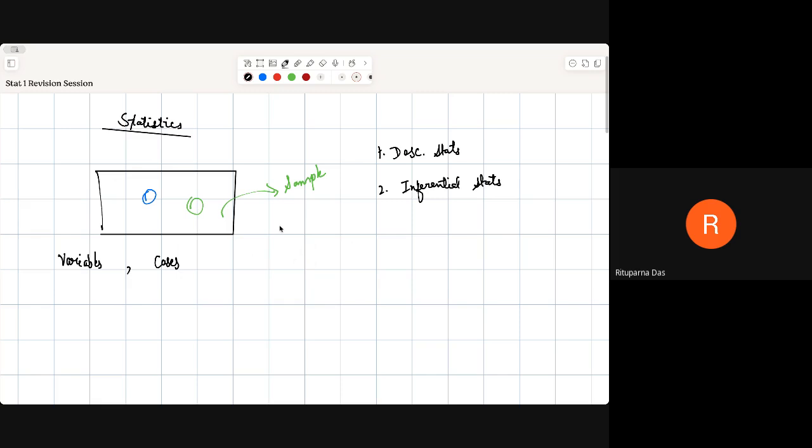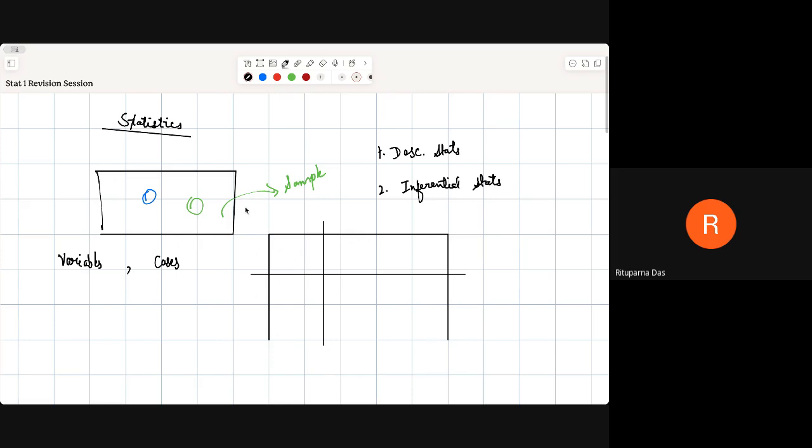When the data is in tabular form, we have certain variables.